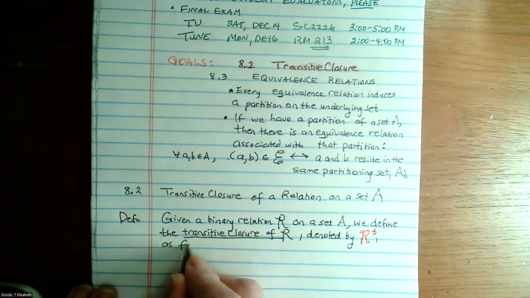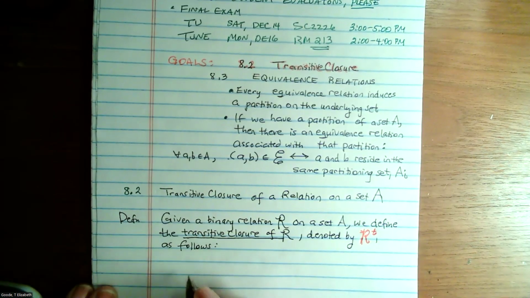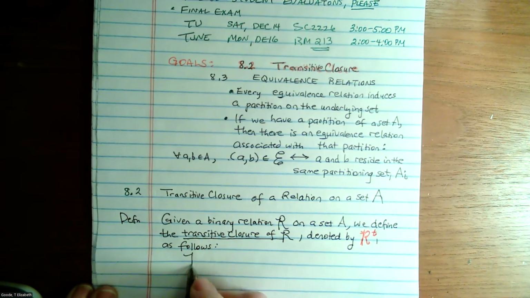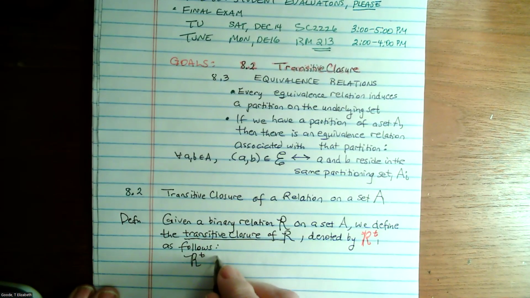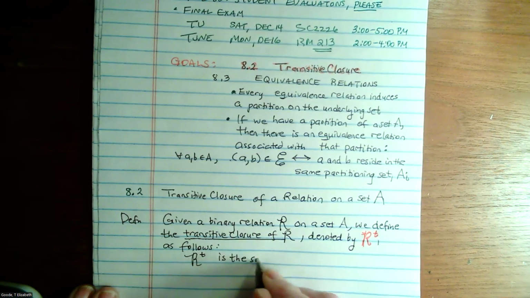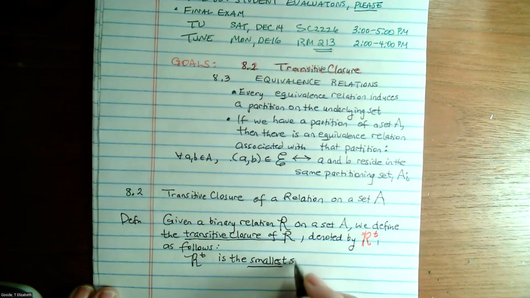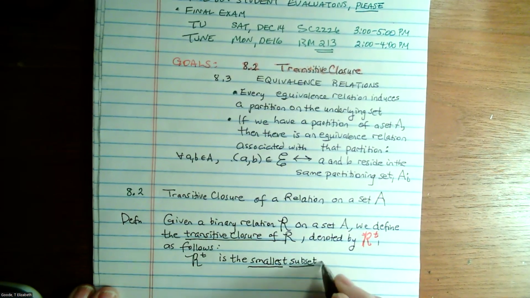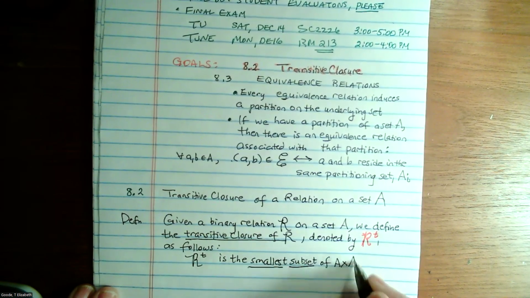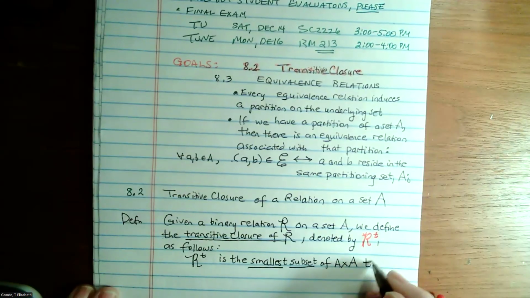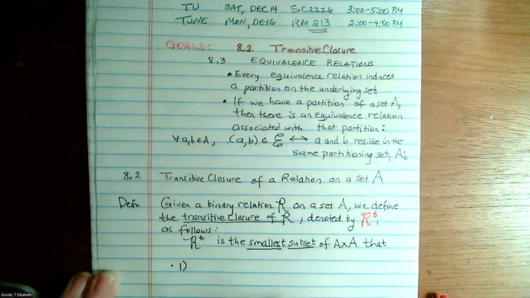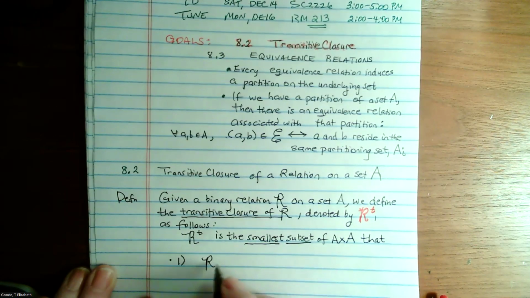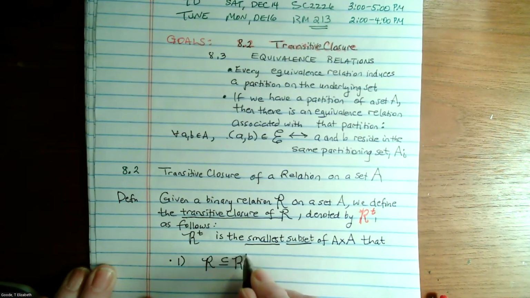The definition is kind of interesting. It's a set theoretic definition. R^T, or the transitive closure of R, is the smallest, and that's critical, the smallest subset of A cross A. So it's the smallest relation on A that satisfies 2 things. 1, curly R is a subset of curly R^T.